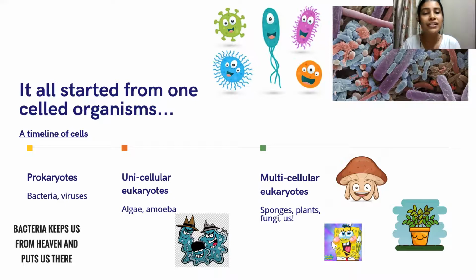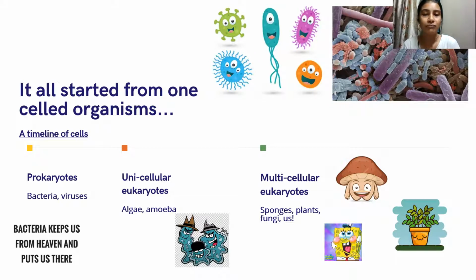Then comes the unicellular eukaryotes. So these prokaryotes, these simple bacteria, evolved into eukaryotes, but still they were unicellular. Still they had only one cell in their body. Therefore they were termed protista and were given another separate kingdom for themselves. Huge examples of protista are the algae and amoeba, a very good friend.